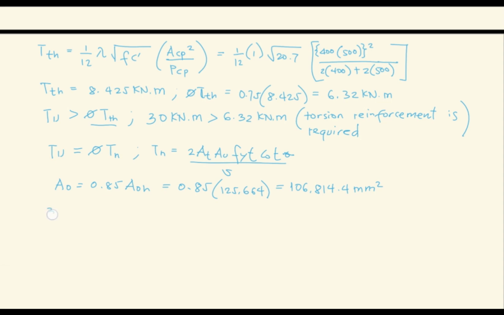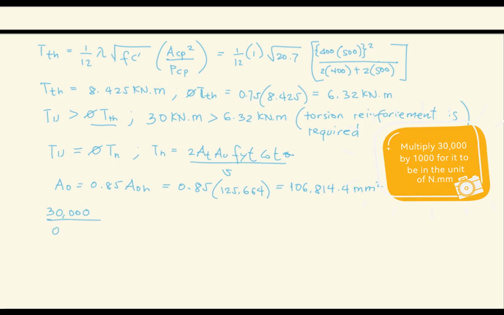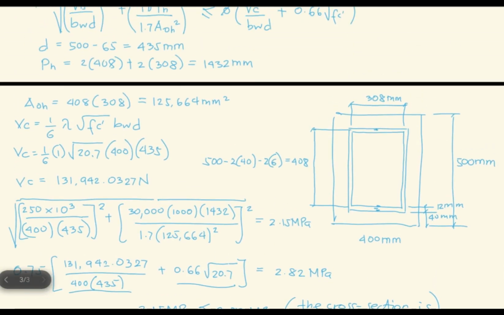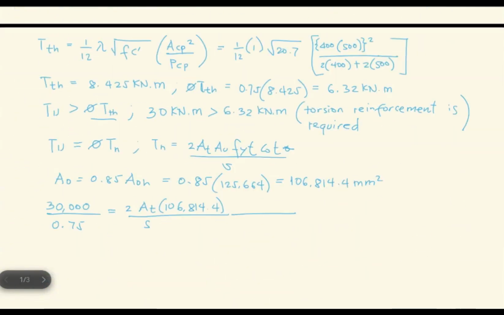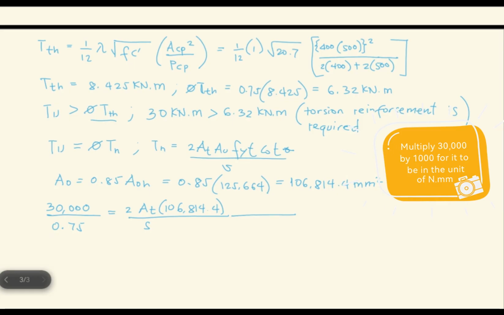So then you have 30,000 Newton meter divided by 0.75 equal to 2 At divided by s, multiplied by Ao, which is 106,814.4, times 275 as the yield strength of the stirrups, times cotangent of 45 degrees.